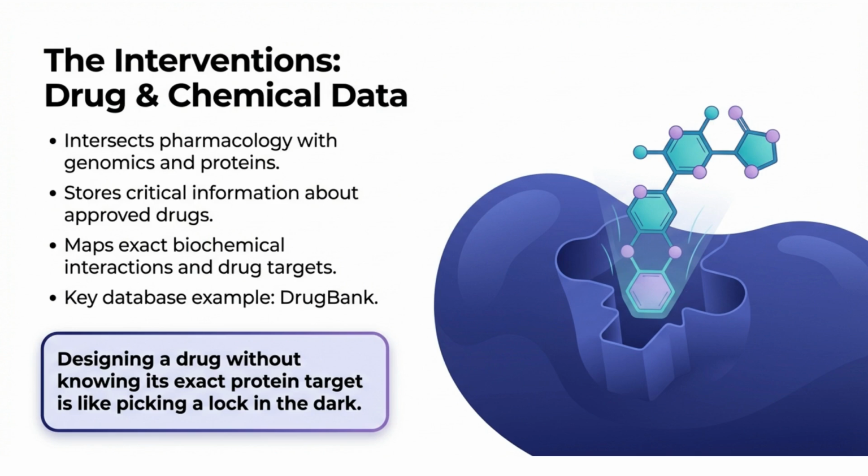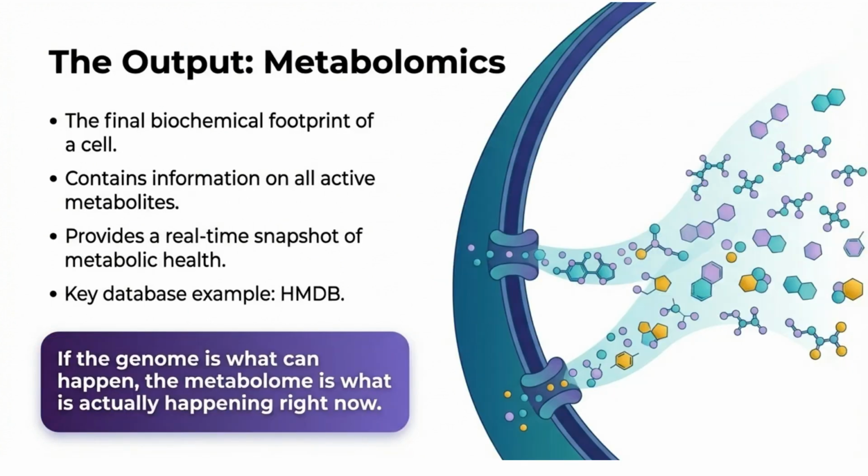But to understand whether a biological system is truly functioning normally, we often need to look at its final biochemical output. If the genome tells us what could happen, the metabolome tells us what is actually happening at the biochemical level. Metabolomics focuses on small molecules such as amino acids, lipids, sugars, and metabolic intermediates. These molecules reflect the real-time state of cellular activity.